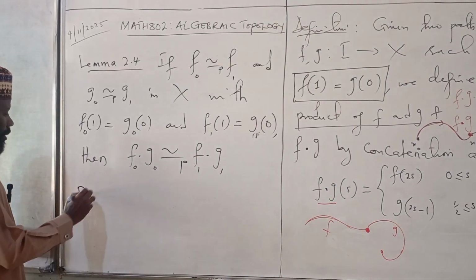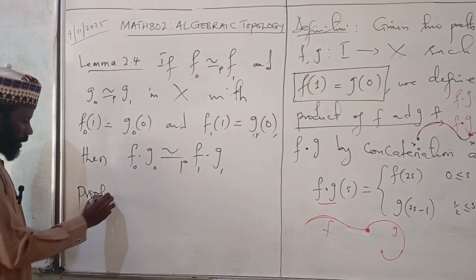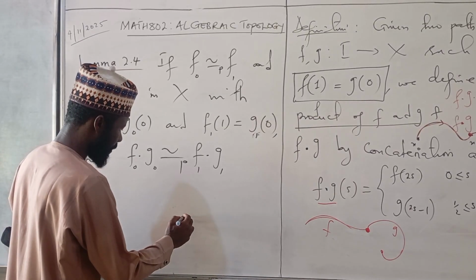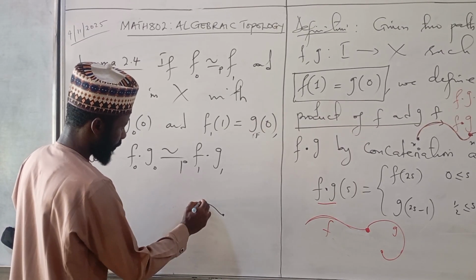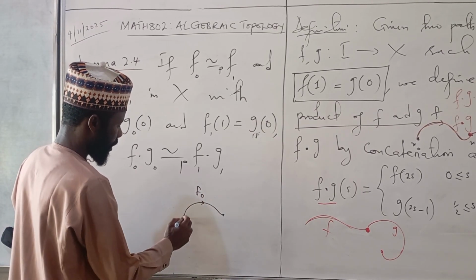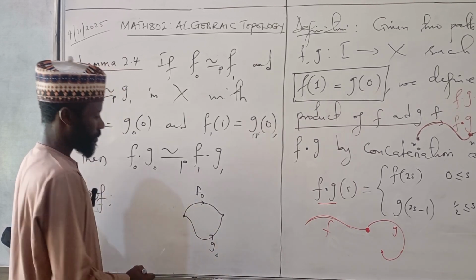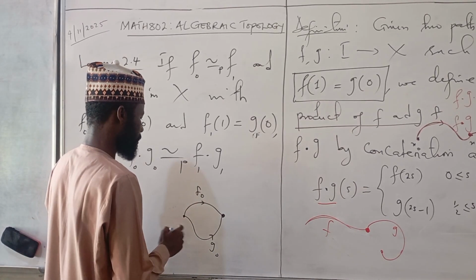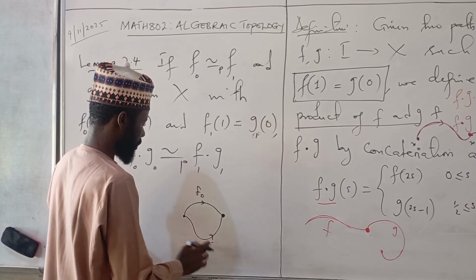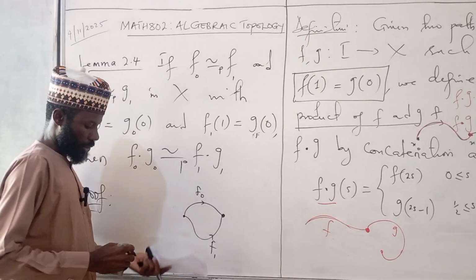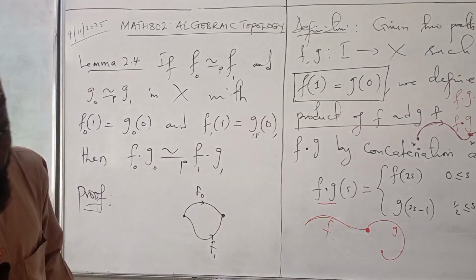It's not actually difficult to see, because you have this path f0, and then you have g0, but then f1, and there is a homotopy from f0 to f1.